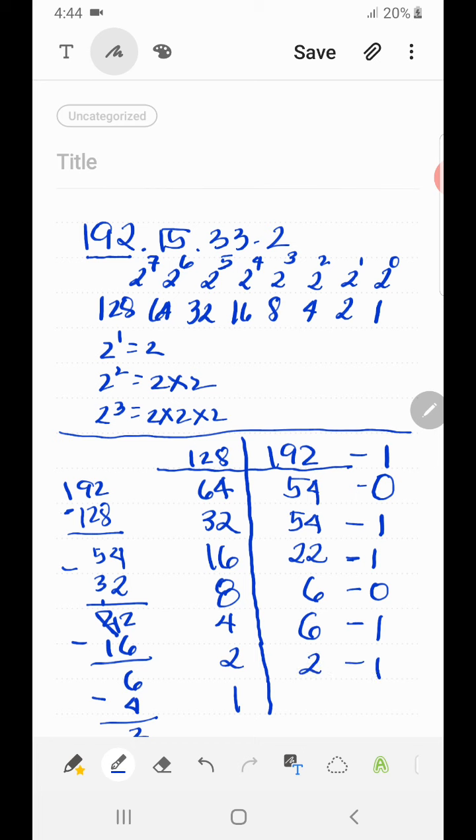So 2 minus 2 will give us 0. Finally, 1 is greater than the remaining number, which is 0, so we cannot get a group. So the final answer is 1, 1, 0, 0, 0, 0, 0, 0. So that's how you convert a denary to binary.